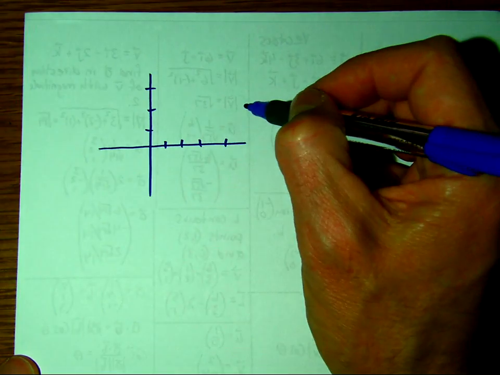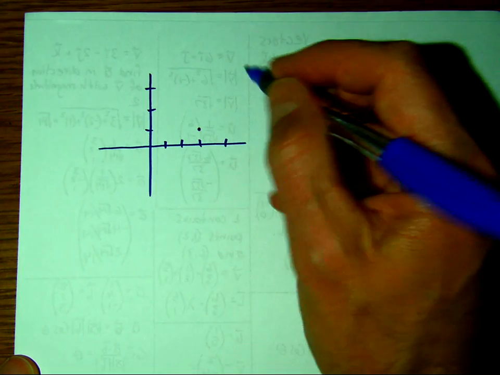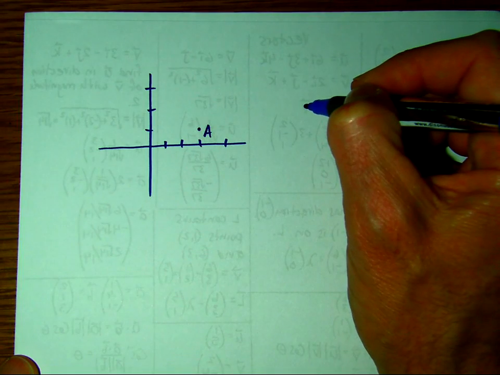Let's put a point at 3, 1. That's A. And we'll put a point at 4, 3.